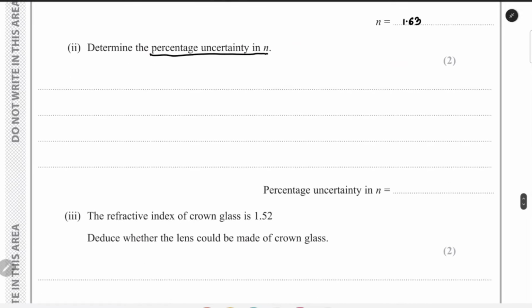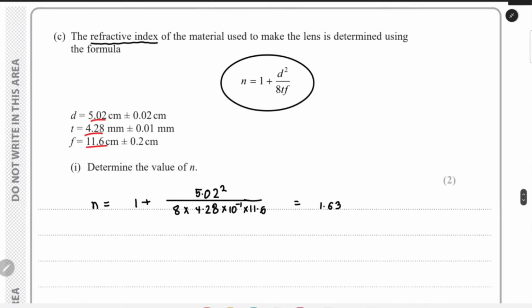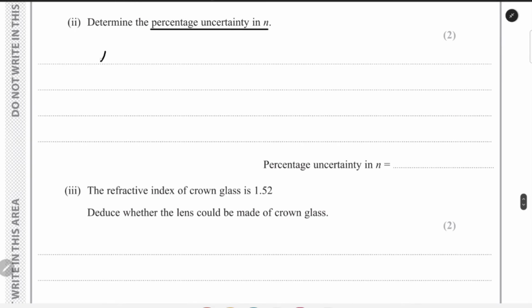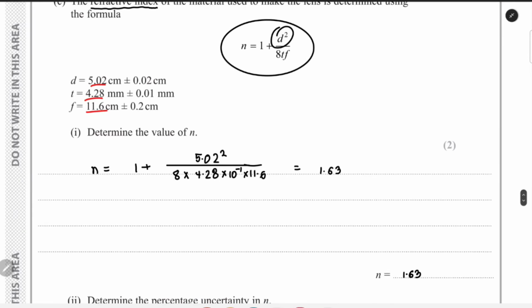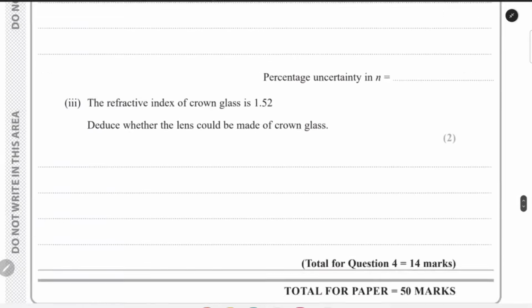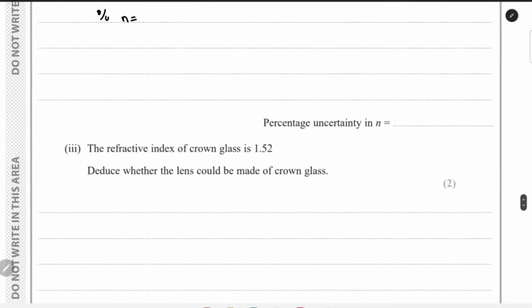We have to determine the percentage uncertainty in the next part. The percentage uncertainty in n would be, since it's d squared, twice the percentage uncertainty in d plus the percentage uncertainty in t plus the percentage uncertainty in f, since they are all in multiplication and division form.